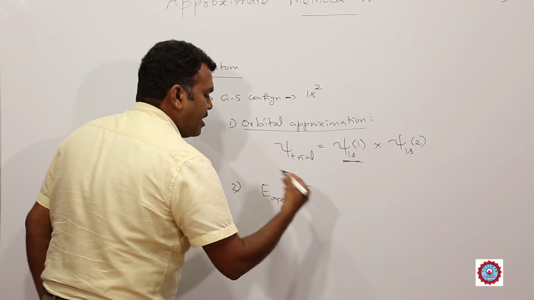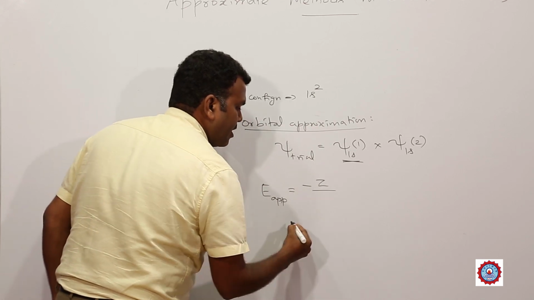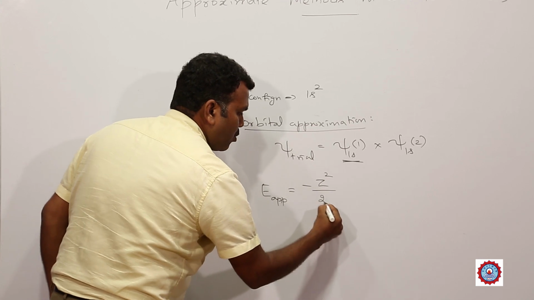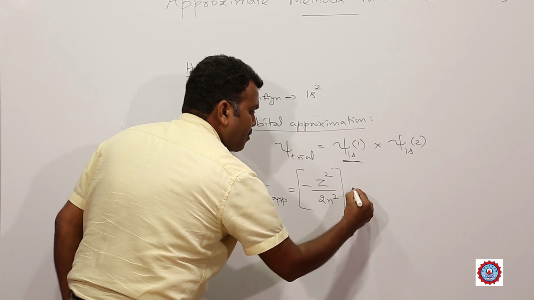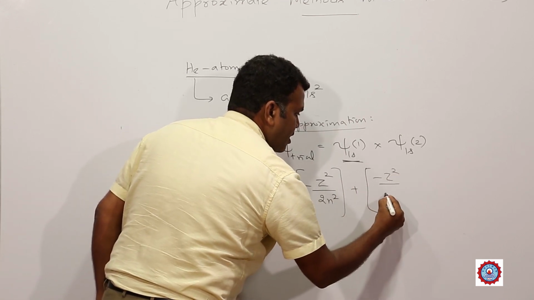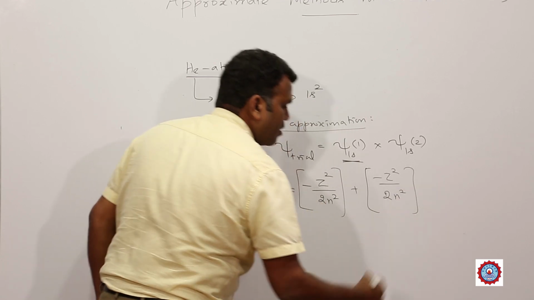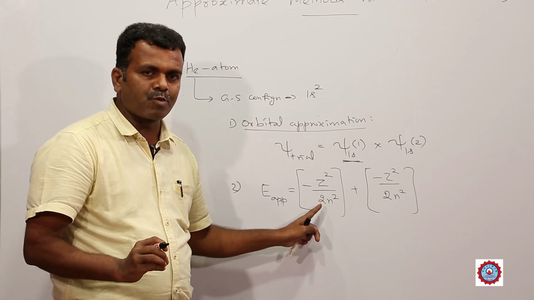So, for hydrogen like species, we calculate energy using the formula minus Z square over 2n square. This is for electron 1, plus in a similar manner we calculate the energy for electron 2.